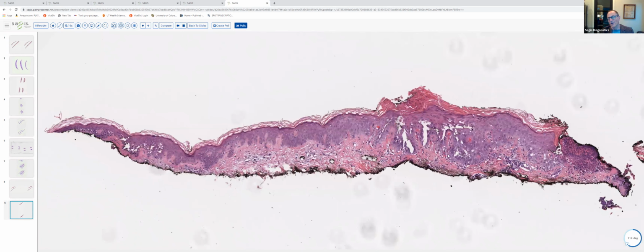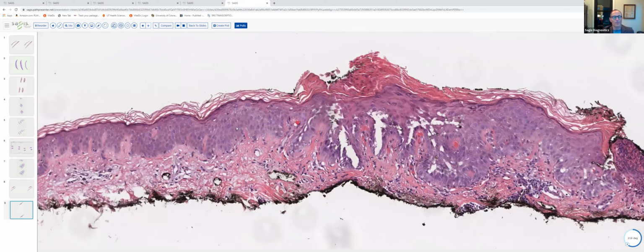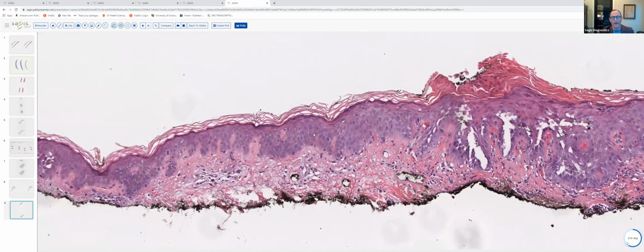There is suprabasilar acantholysis with dyskeratotic cells, but if you take a look at the epidermis, notice we've got a basket weave cornified layer, and there's evidence of orderly maturation. We don't have nuclear crowding or appreciable cytologic atypia of basilar keratinocytes. There's no evidence of AK here.